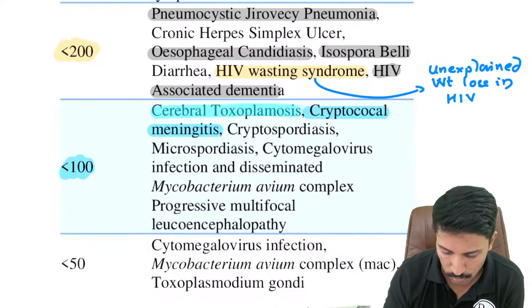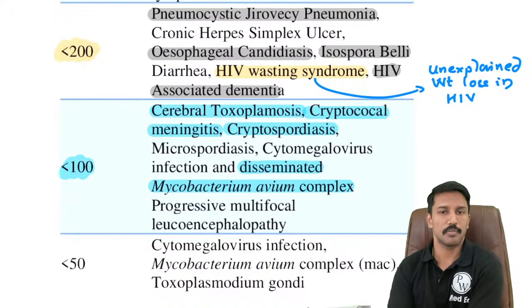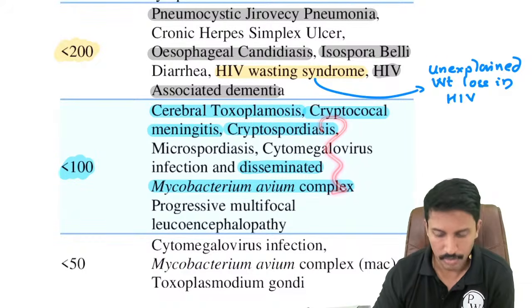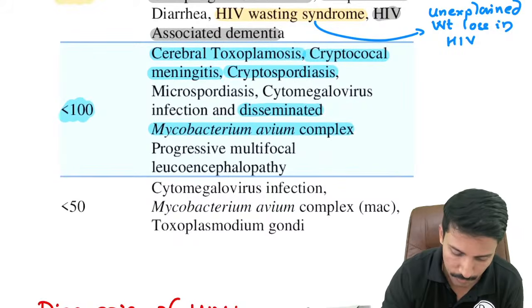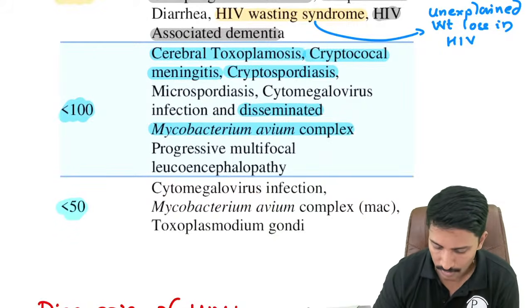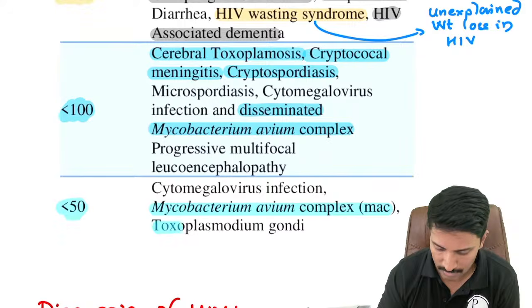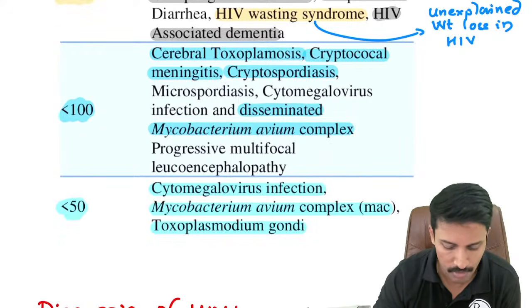Then cerebral toxoplasmosis, cryptosporidiasis, and disseminated MAC infection, that is Mycobacterium avium complex infection. So these are the ones I want you to remember when the CD4 count is less than 100, and when the CD4 count drops further to less than 50, the MAC infection becomes even more common, toxoplasmosis becomes even more common, and cytomegalovirus infection becomes even more common.